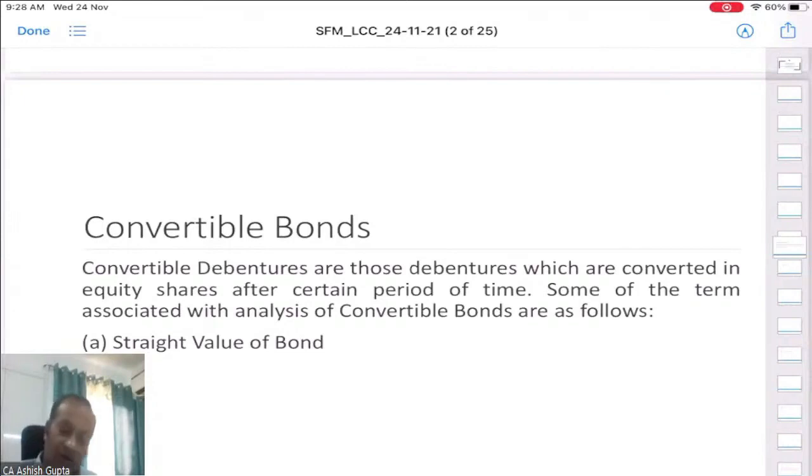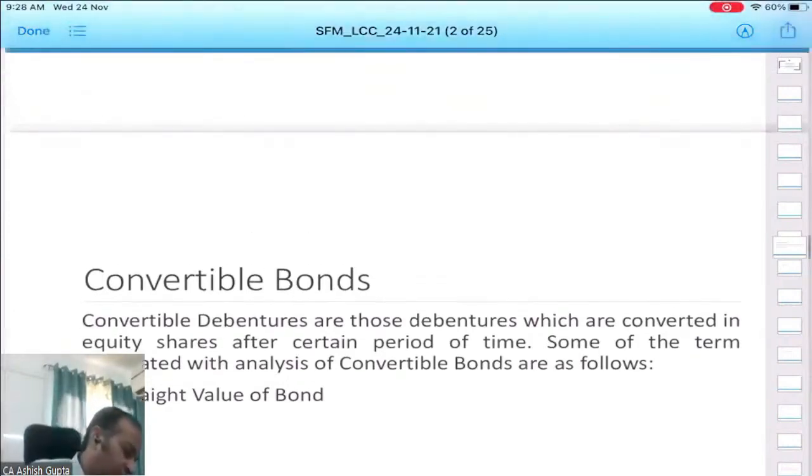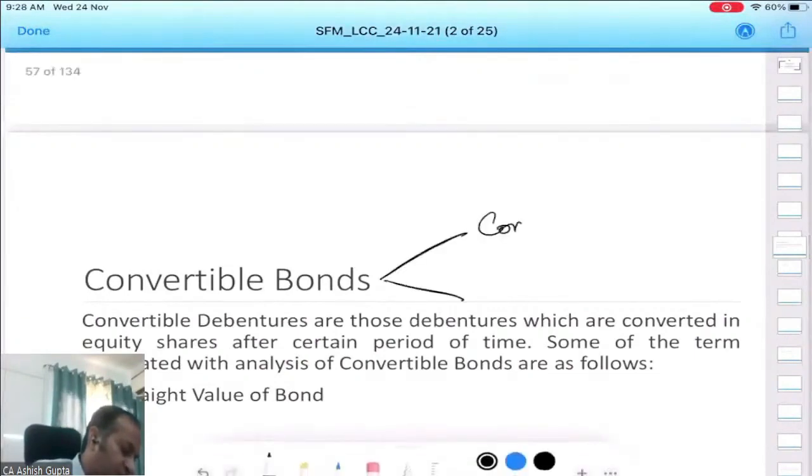So the convertible bonds can be of two types. One is compulsory, okay, another is voluntary.